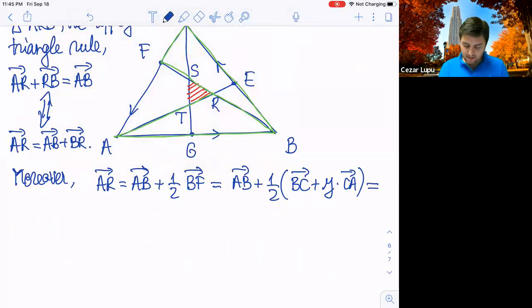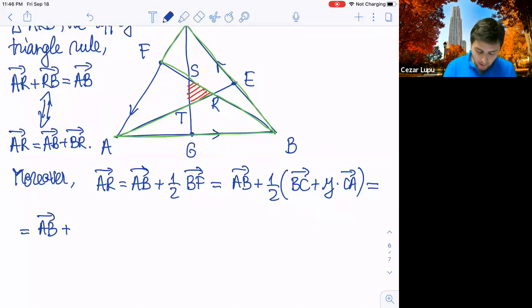All right. Okay, we have to be careful here because now at this point we only have AB, BC, and CA, which is great. So we have to keep going. And this will be equal to AB vector plus. And now let's be careful. Yeah, we can use the triangle rule for the CA in the big triangle.